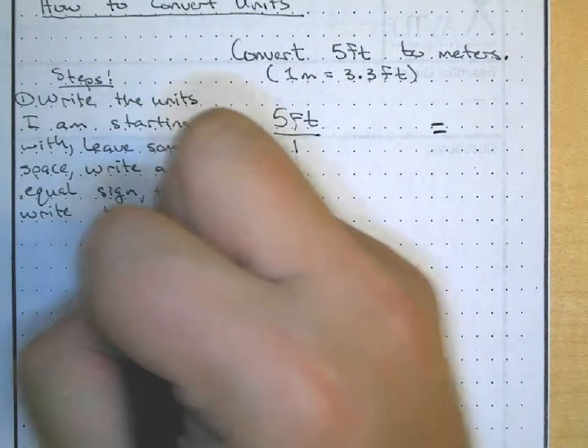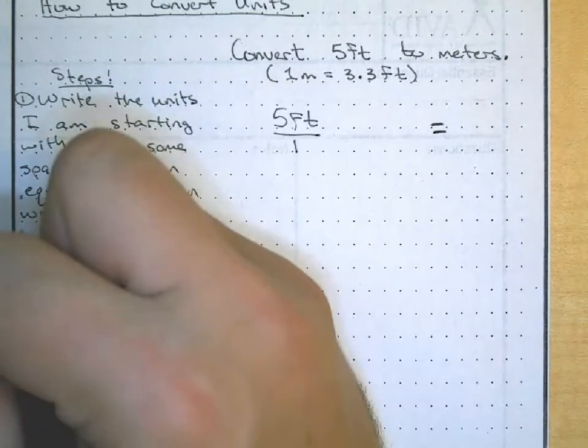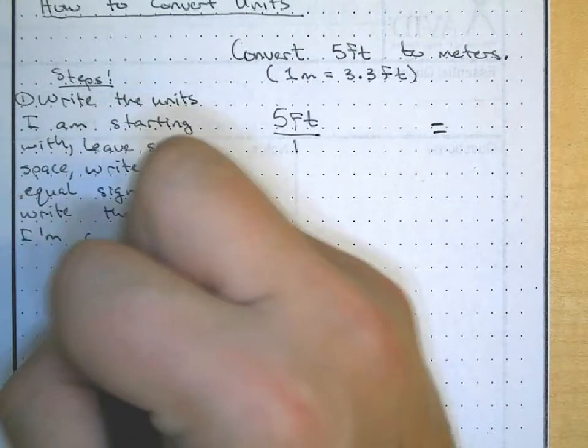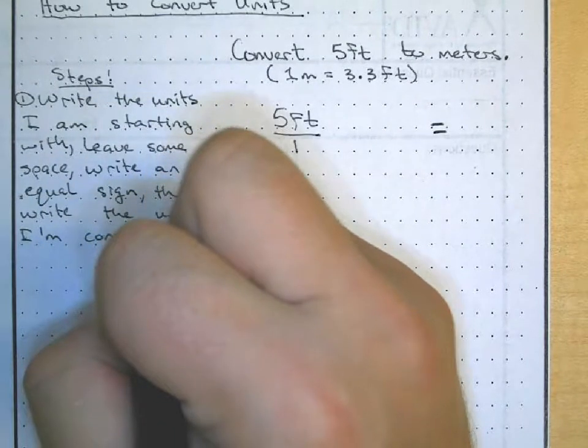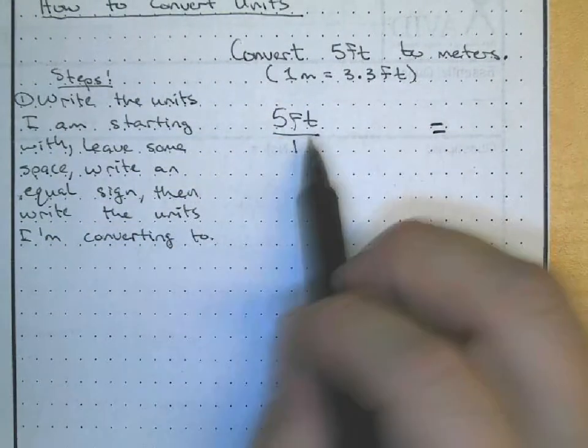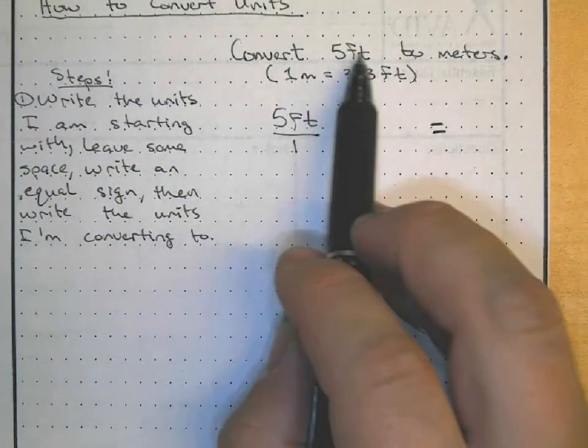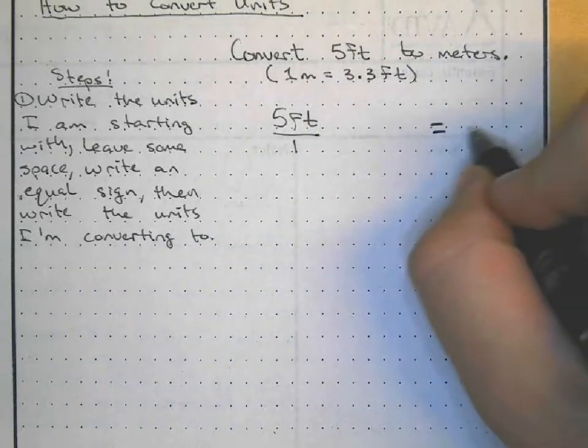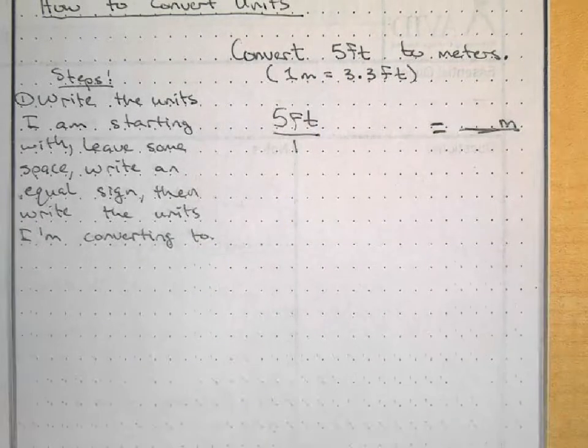Then write the units I'm converting to. So after my equal sign, I'm converting 5 feet to meters, so I'm going to write meters.